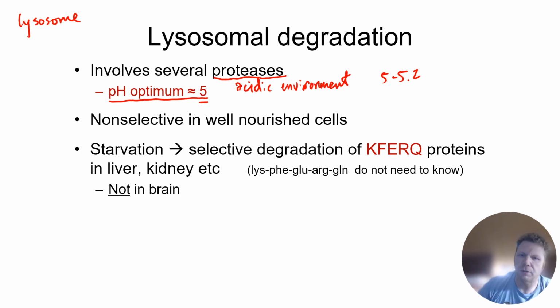And these certain proteins have this polypeptide sequence. This polypeptide sequence is KFERQ, or lysine, phenylalanine, glutamic acid, arginine, and glutamine. Now, this is selective degradation of KFERQ proteins in the liver and the kidney, but not in the brain.